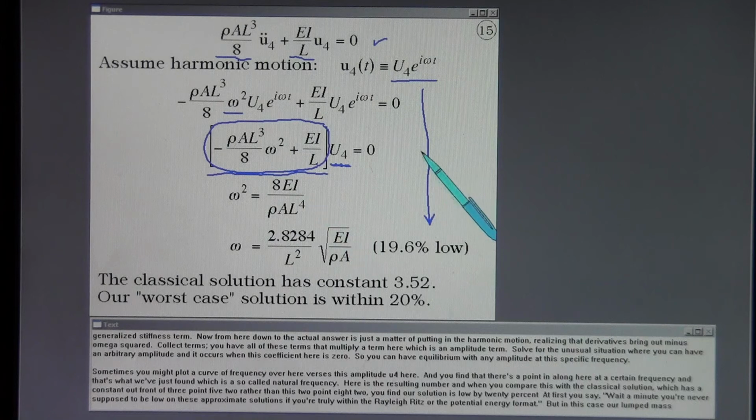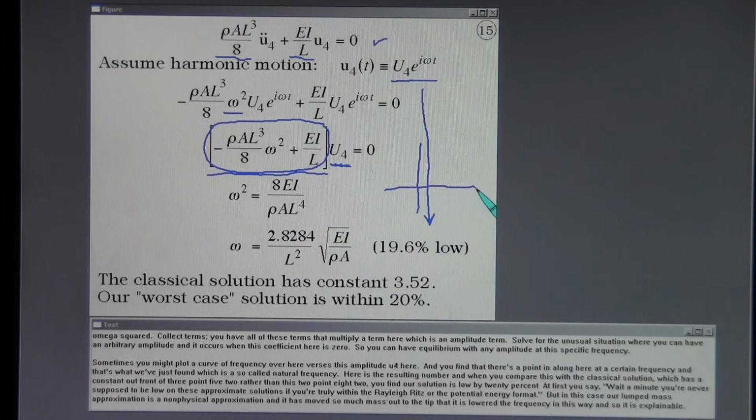Sometimes you might plot a curve of frequency over here versus this amplitude U4 here, and you find that there's a point in along here at a certain frequency, and that's what we've just found, which is a so-called natural frequency.